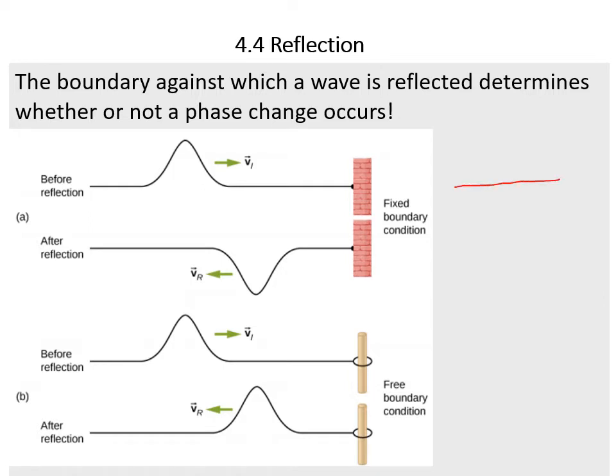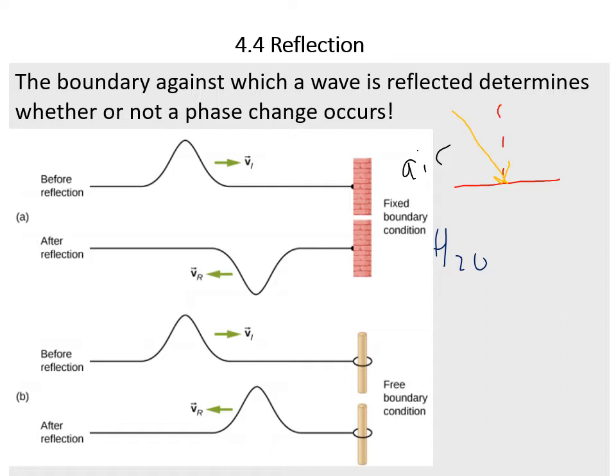Let's say I have this boundary. I have air on one side of the boundary and water on the other side of the boundary, and I'm going to draw this dashed line to represent the normal. The normal is 90 degrees perpendicular to the surface, and I have a beam of light coming in. Because water is denser than air, the beam of light that gets reflected off of the surface undergoes a 180-degree phase shift.